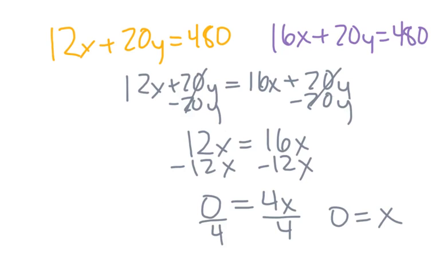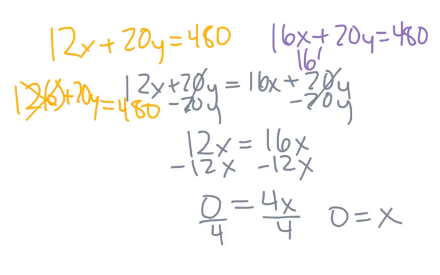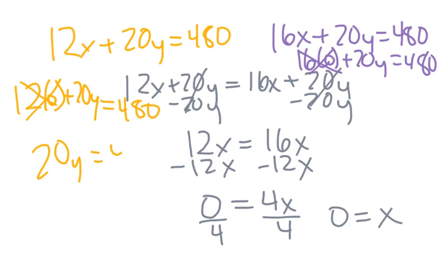So if I go back to these original equations to find y, I would go 12 times 0 plus 20y equals 480. That's 0. And if I did the same to the 16 times 0 plus 20y would equal 480. I should notice we're going to end up with 20y equals 480 on both.